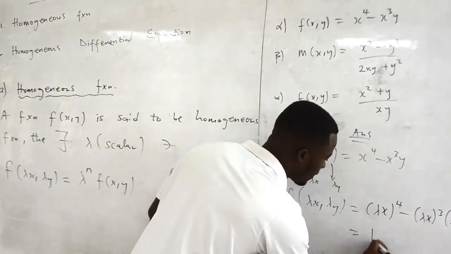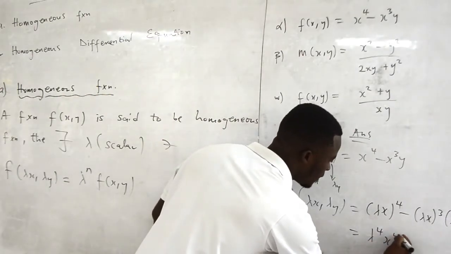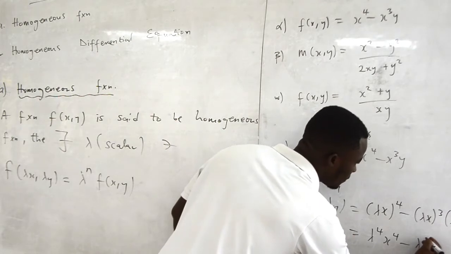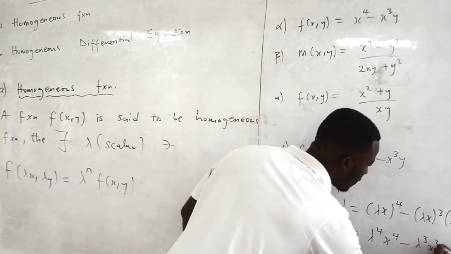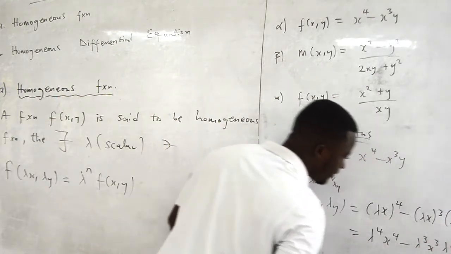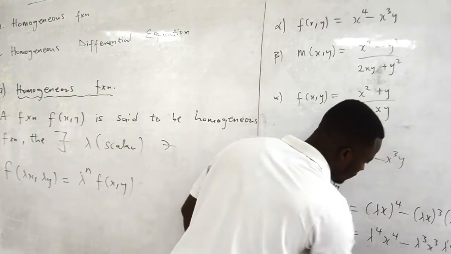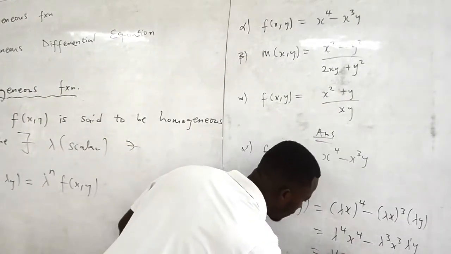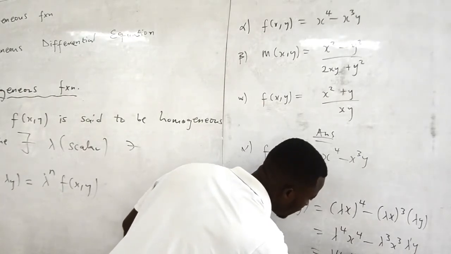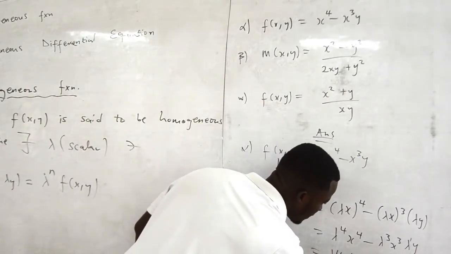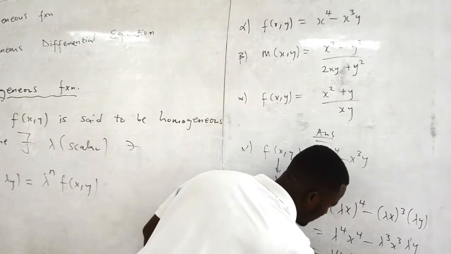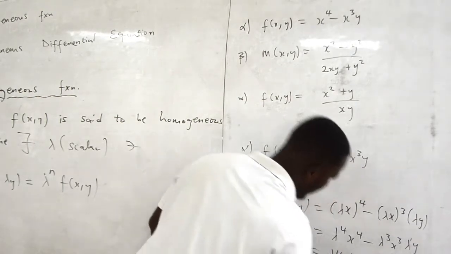This is the same as lambda to the power of 4, x to the power of 4, minus lambda to the power of 3, x to the power of 3, lambda y. Lambda to the power of 3 times lambda is lambda to the power of 4, so we have lambda to the power of 4, x to the power of 4, minus lambda to the power of 4, x to the power of 3, y.